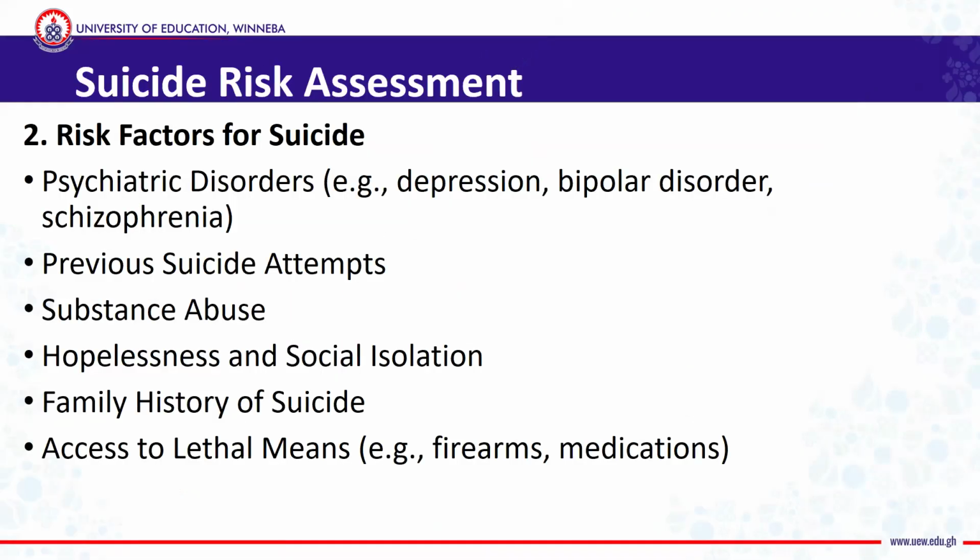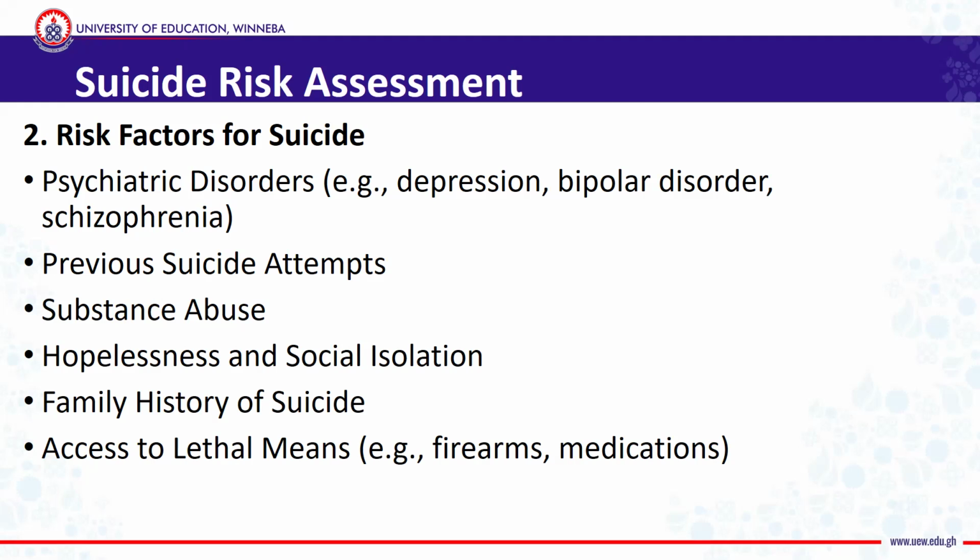And we have the risk factors for suicide, where you see the person become so depressed, they become moody, bipolar, sometimes they become schizophrenic, they go out there unconcerned about their body and the way and manner they present themselves. And you also think about previous attempts at suicide. Maybe they may engage in abuse of a substance, drug, alcohol, and so on and so forth.